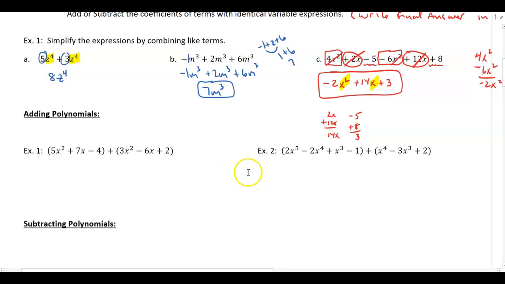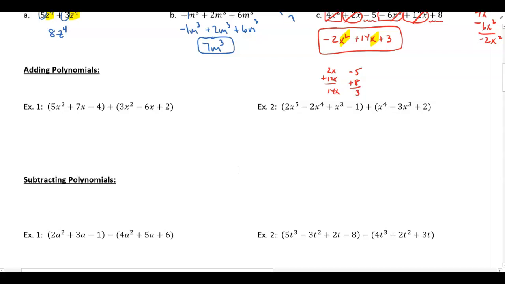Now, when we add polynomials, all we are basically doing is dropping the parentheses, and then second, we combine like terms.